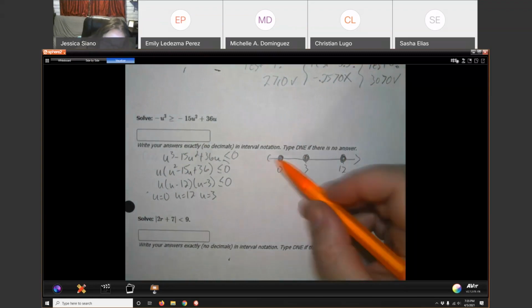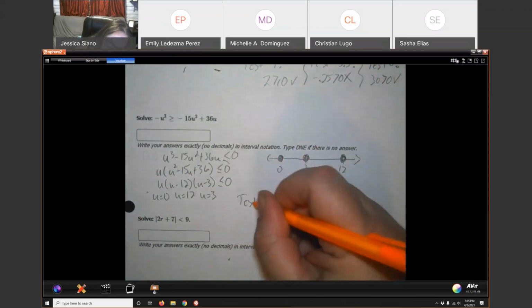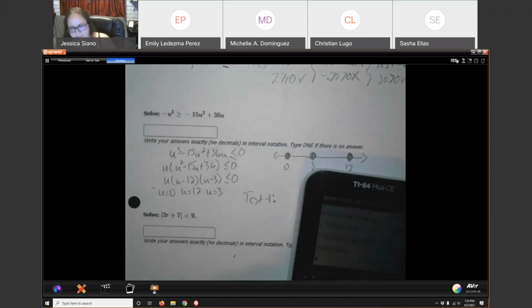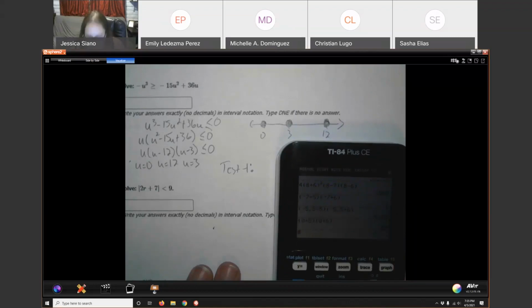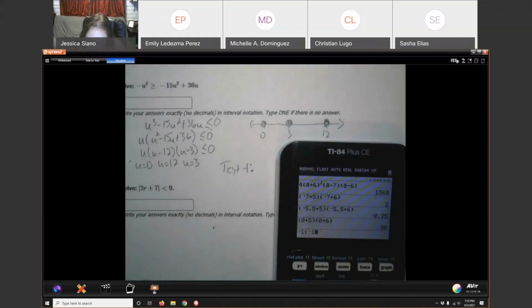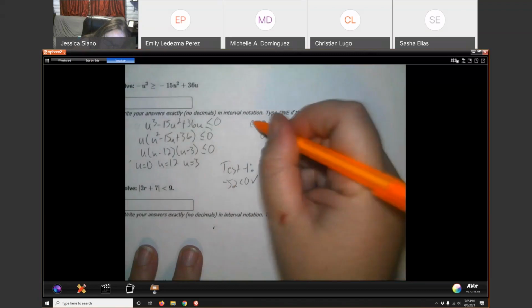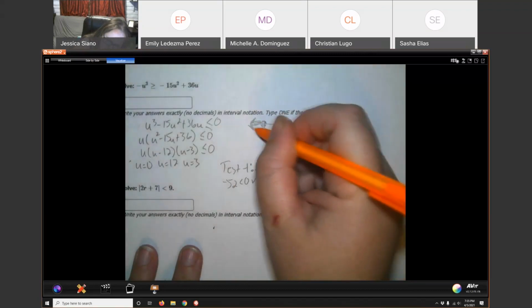Start testing, so we'll test -1. So that worked. So let's shade in that area.